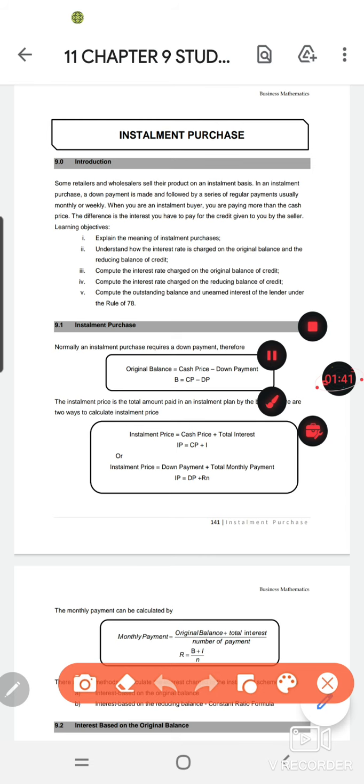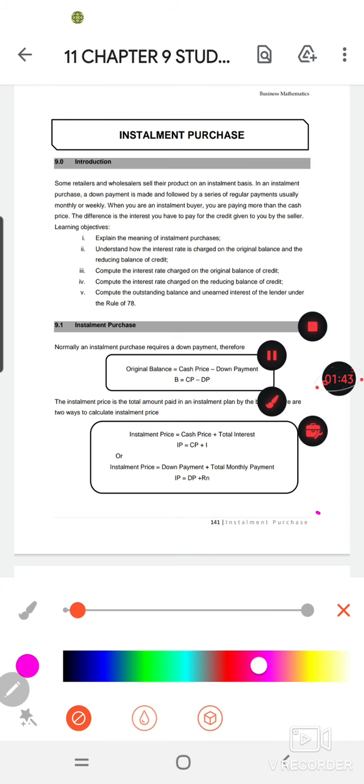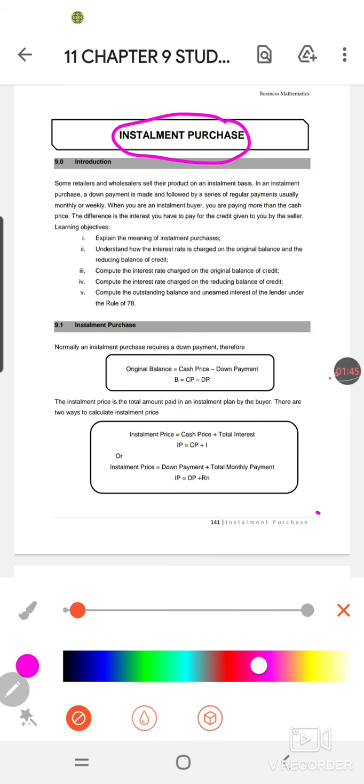Saya terangkan kat sini, installment purchase sebenarnya adalah jualan yang awak buat secara bulanan. Contohnya awak tak bayar sekali terus, kita bayar by monthly, setiap bulan ataupun weekly.